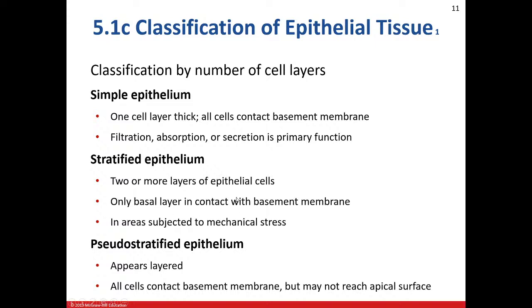And then you find stratified epithelium in areas subjected to mechanical stress. In other words, things that may come into contact with physical objects, and a single cell layer could be damaged by that. But by having multiple cell layers, we can lose the top layer of cells, and we still have cells underneath to replace them.